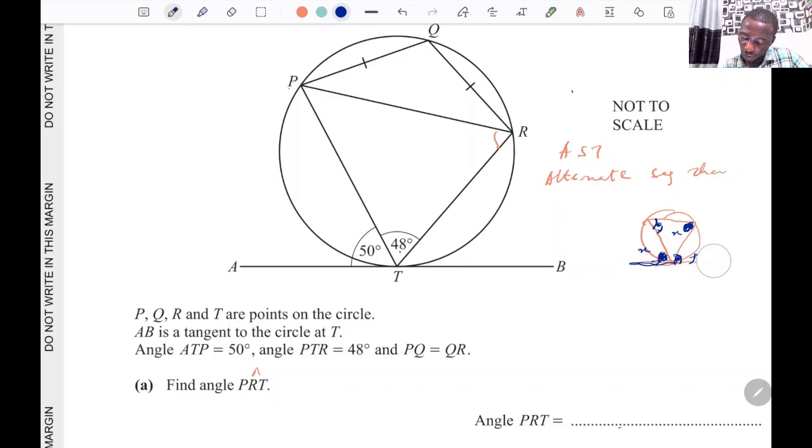So if you apply this theorem here, you can clearly say that if here is 50, then here is also 50. If you're not satisfied with that, I can prove it to you. Let's try and see if we can prove this to be true. Let me assume this is the center of the circle. Let me draw a tangent.